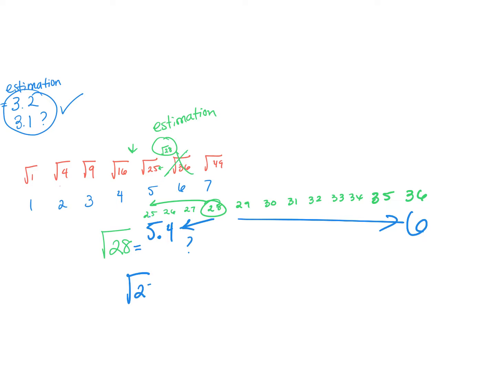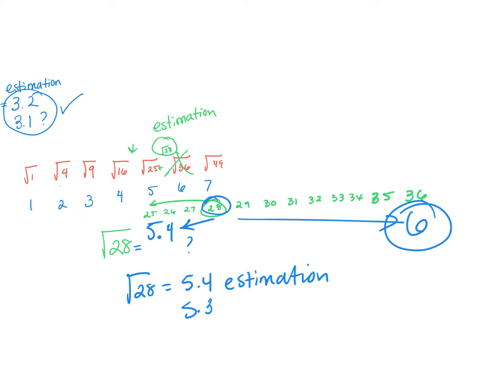It's just an estimation. Okay? You could say 5 point, I don't know, 3, right? It's just an estimation, but it's definitely not close to 6, right? So sometimes it helps to see where it's closer.